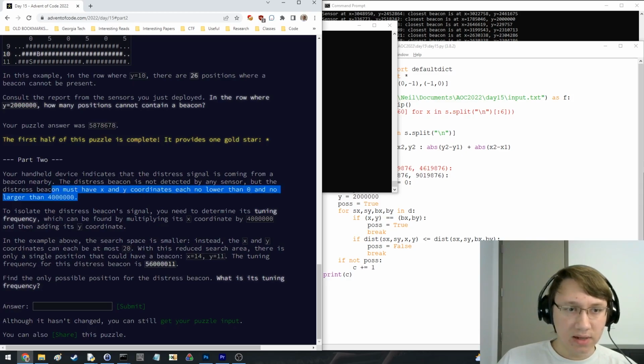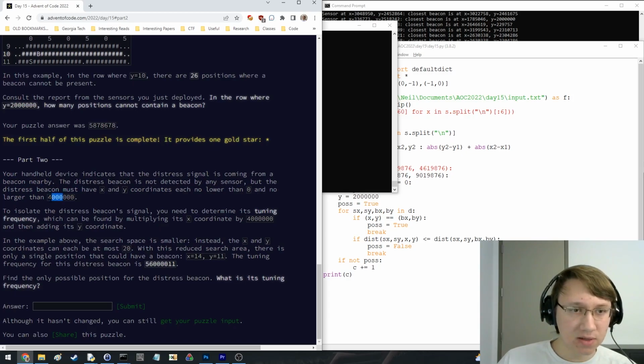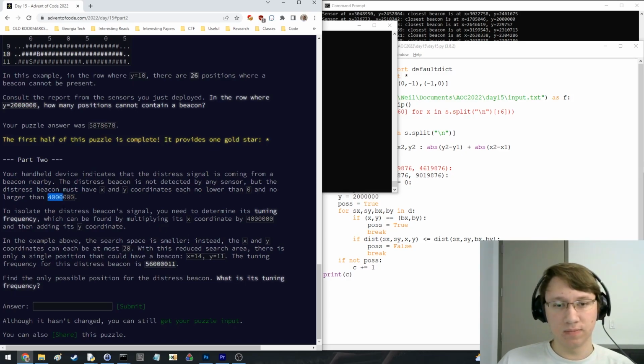It's not detected, but it must have x and y coordinates, each no lower than 0 and no larger than... Okay, we definitely can't search this whole area. Interesting.